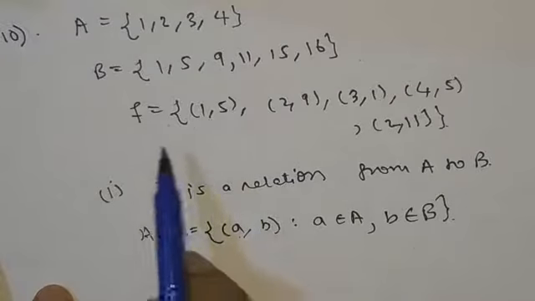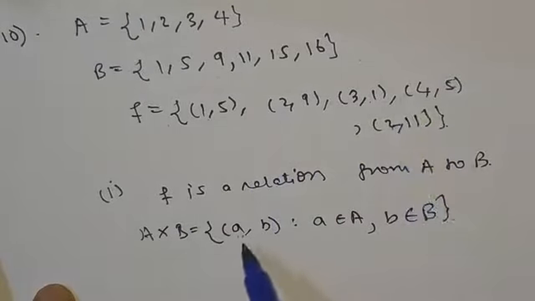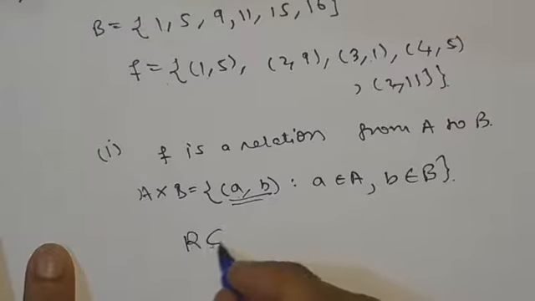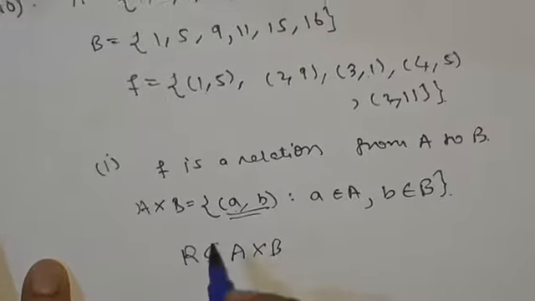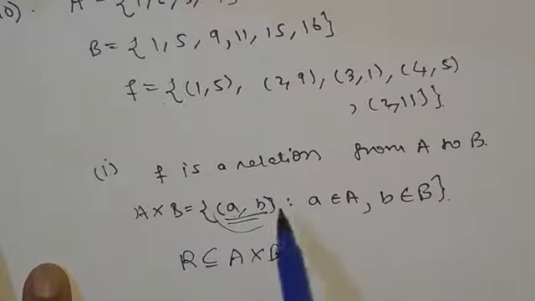Now you can see that all the elements in the set F are of this type. Relation is a subset of A cross B, so the relation will also contain elements of this type.